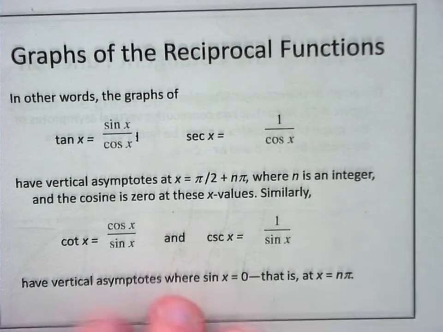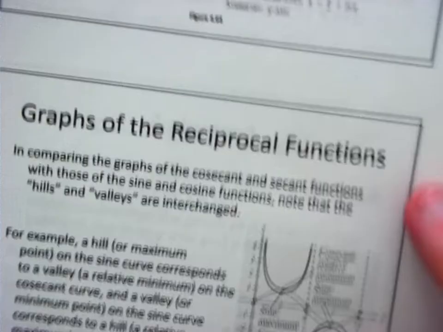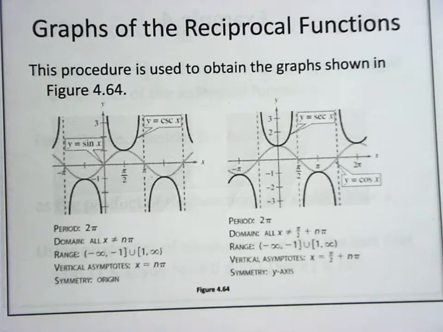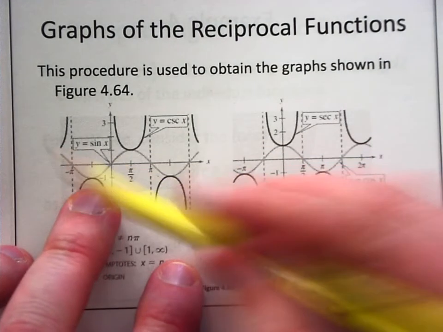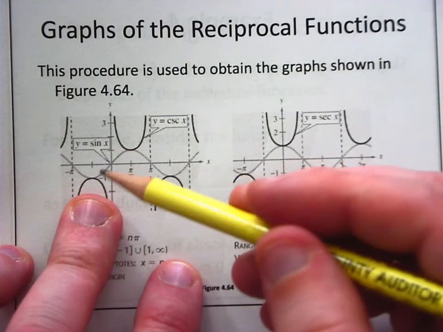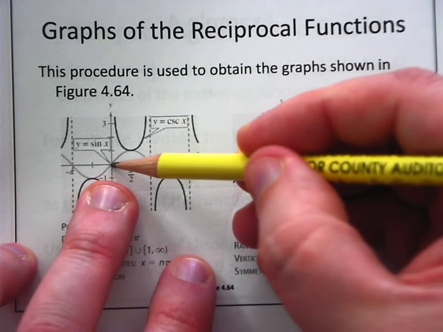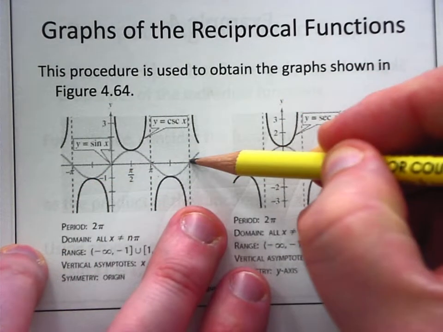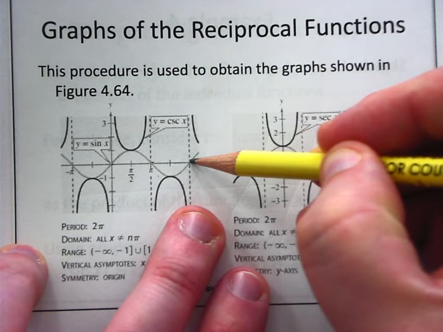Okay? So, I cheat though for these. These actually end up being a little bit easier. Okay? What I end up doing instead is what this book does, where it'll graph sine and then use the fact that everywhere sine is 0, you have an asymptote to draw those asymptotes.